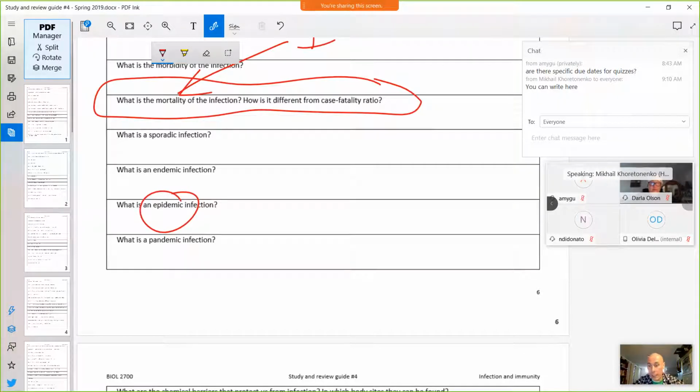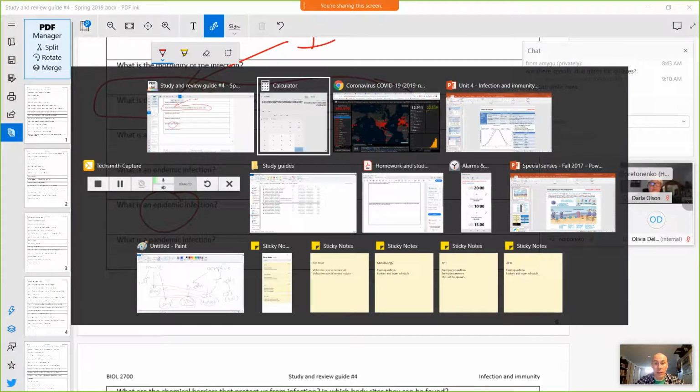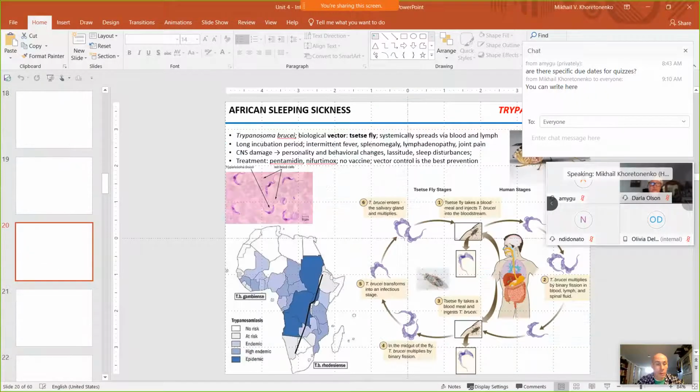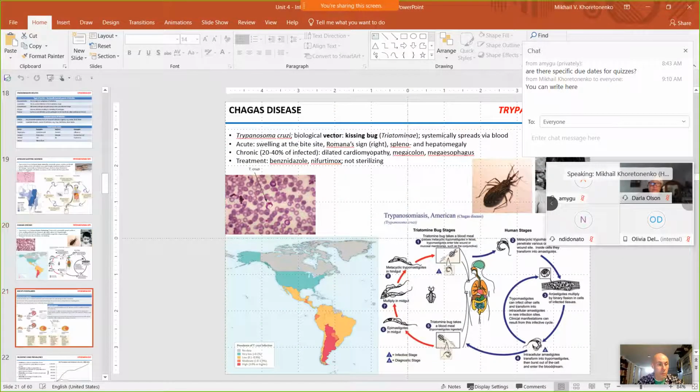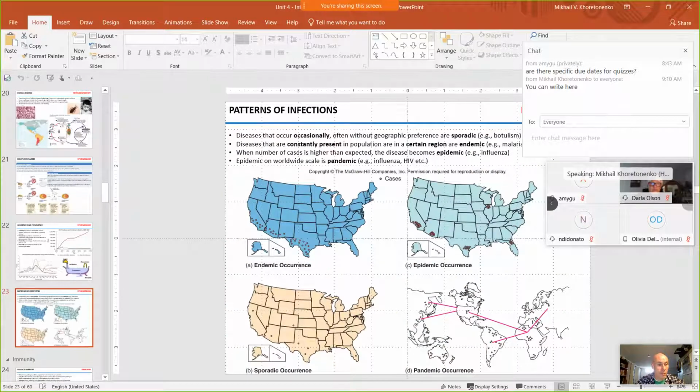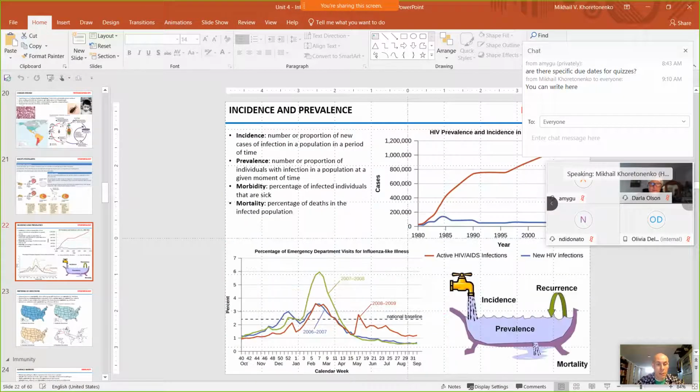Okay. So I have this graph showing the visits to emergency department due to influenza. Okay, you see in 2007, 2008, it was much more than usual.